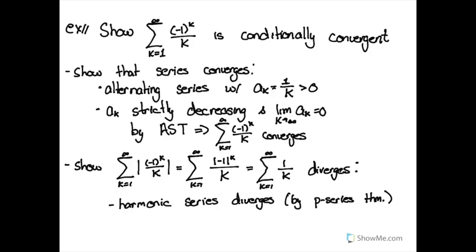But now that we've shown that the original series converges and the series of the absolute value diverges, that implies that the original series, (-1)^k over k, is conditionally convergent.